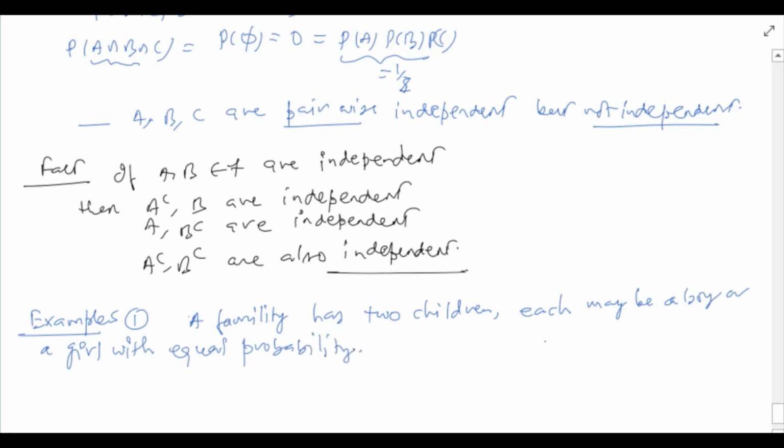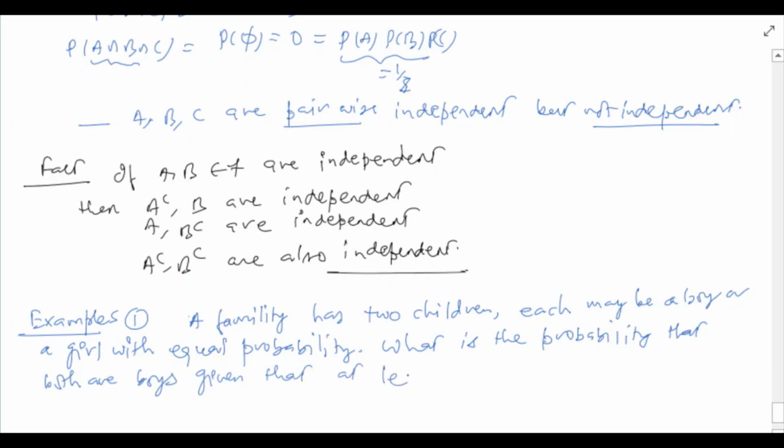We are interested in the conditional probability that both are boys, given that at least one of them is a boy. What is the probability that both are boys, given that at least one is a boy?